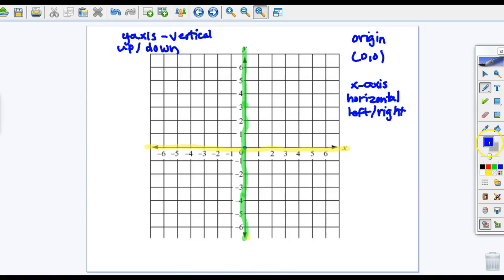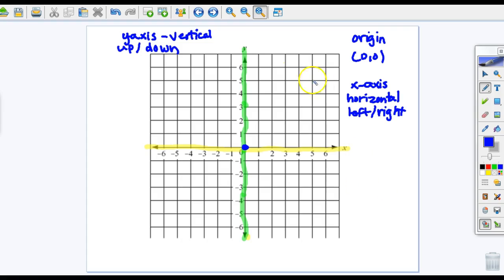Okay, so we have our point of origin right here. We have our x-axis, left and right, it's a horizontal line. And then we have our y-axis that goes up and down. And our point of origin would have the ordered pair of 0, 0.